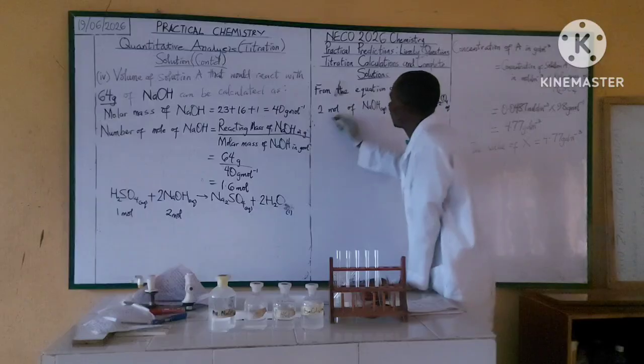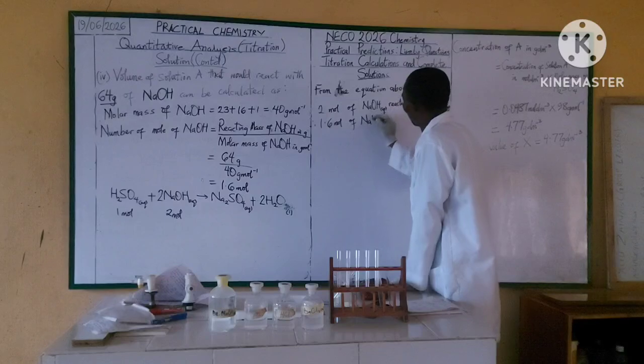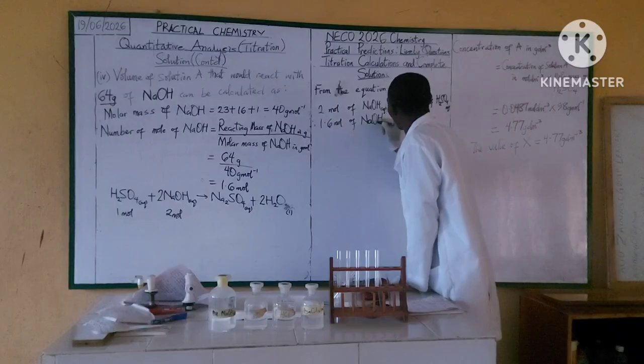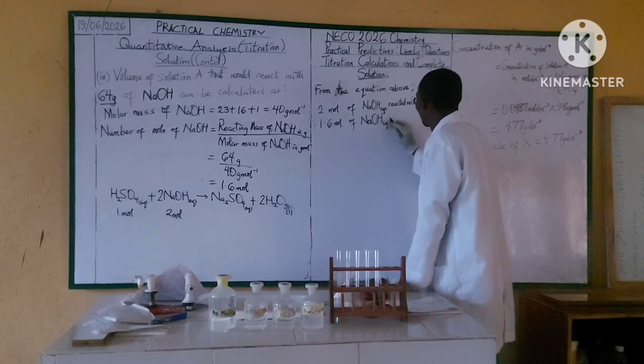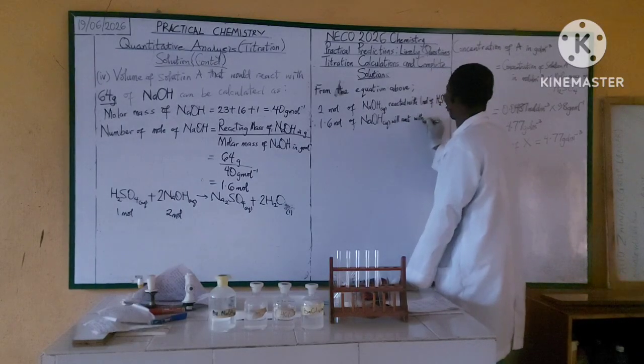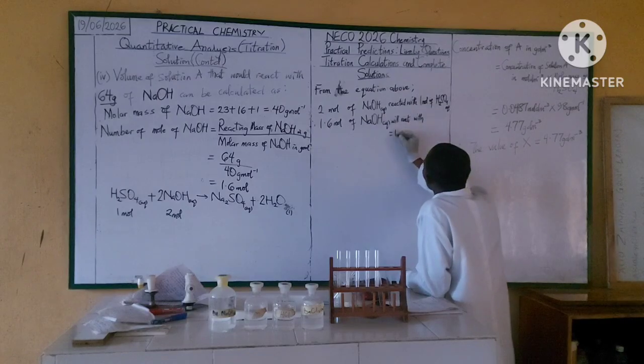Therefore, 1.6 mole of NaOH will react with, that will be 1.6 mole multiplied by 1 mole divided by 2 mole of H2SO4.